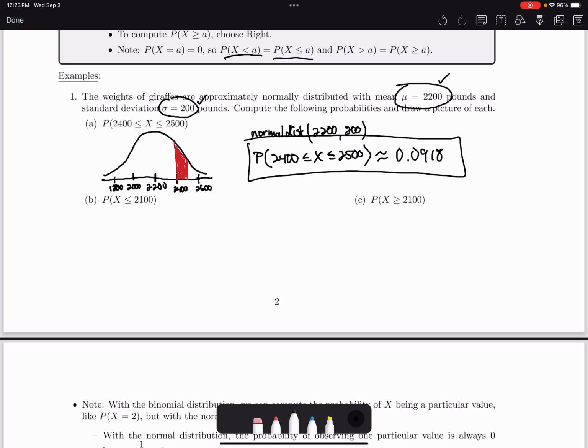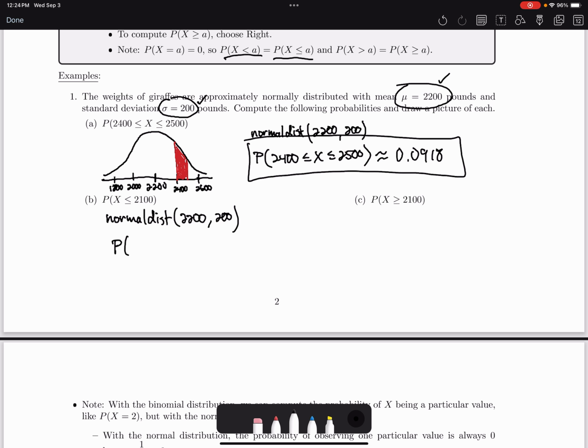Here's my solution. So for part B, we're once again going to use the normal distribution. Now, you don't have to write this out every single time if you're doing a bunch of problems in a row where these are the same and nothing's really changing about them, then you don't have to write out normal dist. But I'm just going to write it out just to make it absolutely clear. So we want the normal distribution.